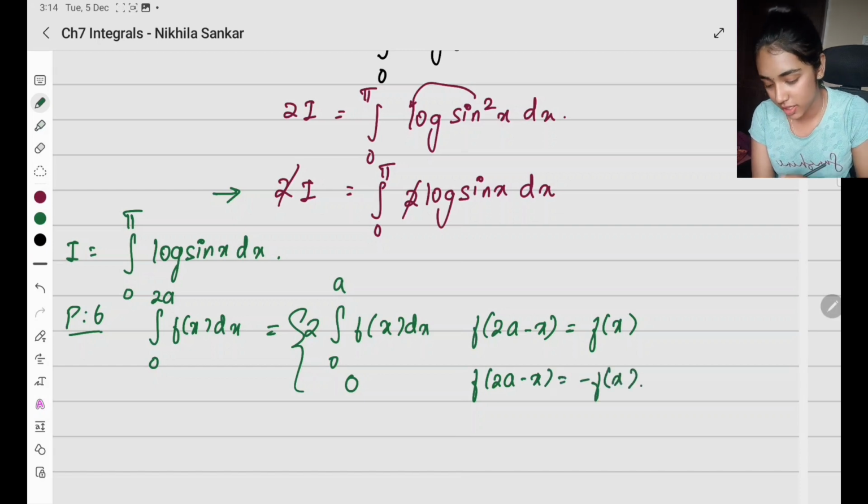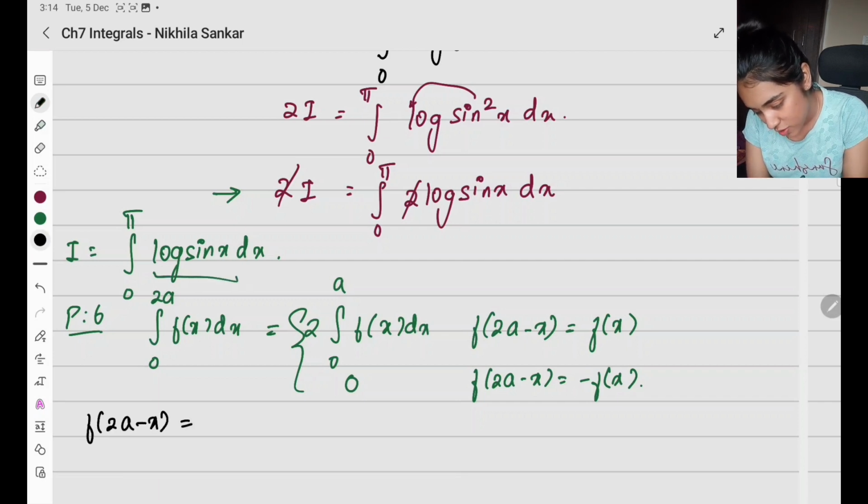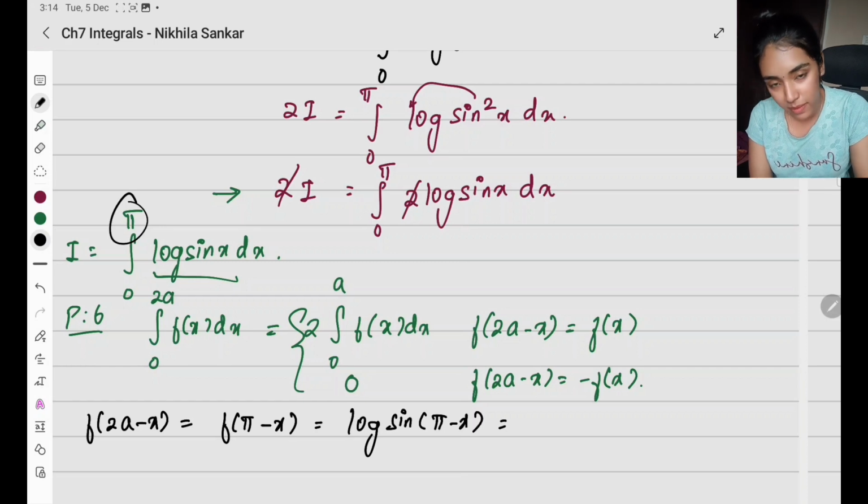There are two conditions. What is my f of x here? It is going to be log sin x. So can I check? f of 2a minus x is going to be, my 2a is pi. So f of pi minus x is going to be log of sin pi minus x. Sin pi minus x is in the second quadrant, so sin x. So log of sin x. So it satisfies the first condition.